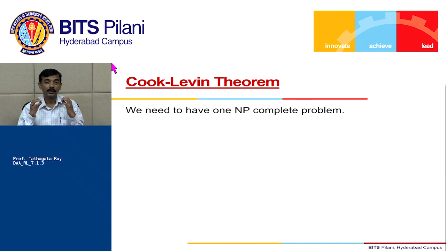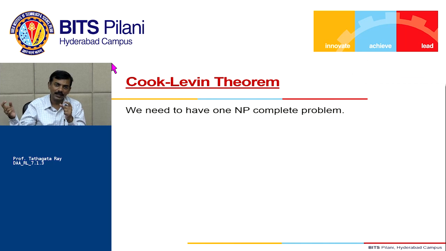So, if I have to do that, one thing I need to show is that there is at least one NP complete problem, which means that I need one problem where I show that every problem in NP is polynomial time reducible to this particular problem. At least I can start with one known NP complete problem.